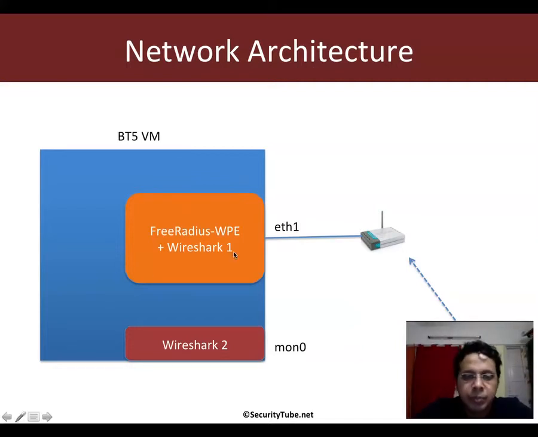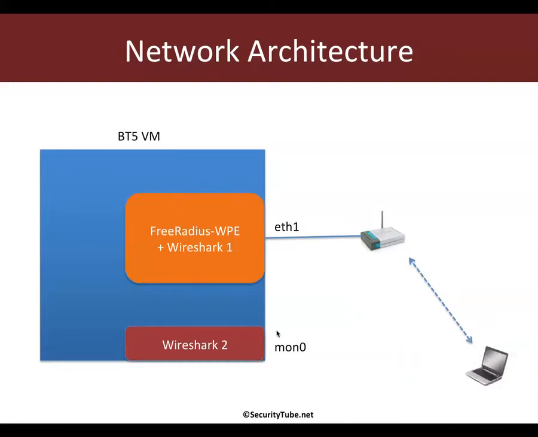And we are going to run one instance of Wireshark which is going to monitor this interface. The other interface is a wireless interface which you will create on the BackTrack VM, where there will be another instance of Wireshark running to monitor the wireless traffic on the channel on which the access point is broadcasting its SSID, SecurityTube.